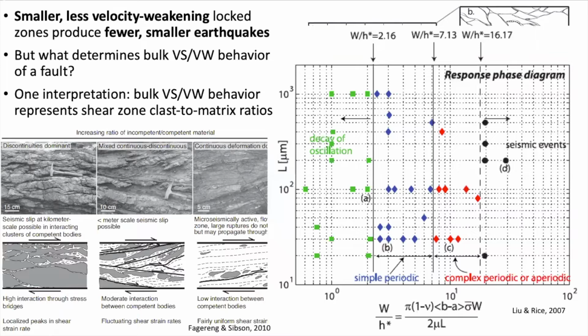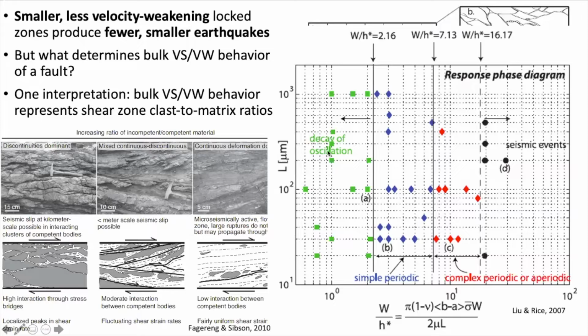Finally, I just want to mention that our results correspond well with rate state friction models from subduction zones, which showed that seismic style depends on the ratio W over H star, where W is the down dip width of the velocity weakening region, and H star is a critical nucleation size. This ratio, as you can see here, depends on the magnitude of A minus B in the weakening zone and the width of the weakening zone, but it also depends on the effective normal stress, the shear modulus, and Poisson's ratio.